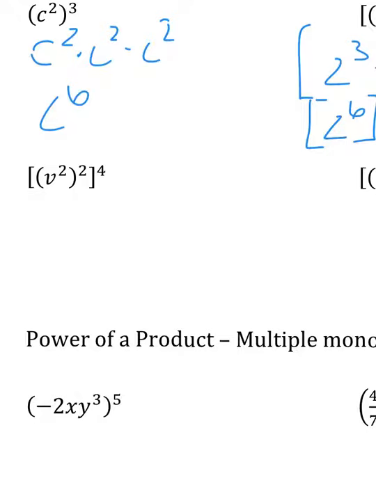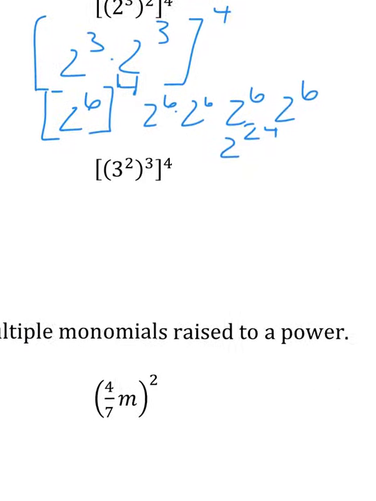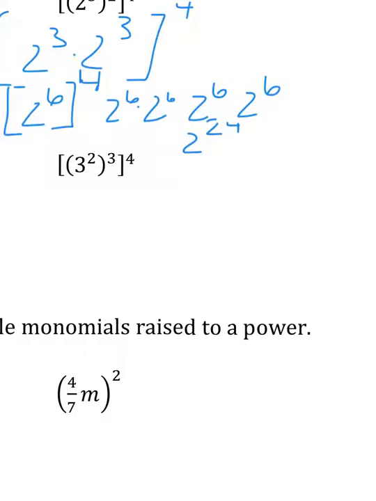So if we have v squared squared, that's v to the 2 times 2, which is 4, and then that's being raised to the fourth power. So that's v to the fourth to the fourth, which gives us 4 times 4 is 16, so v to the 16th. Looking at this one here, we have 3 squared cubed.